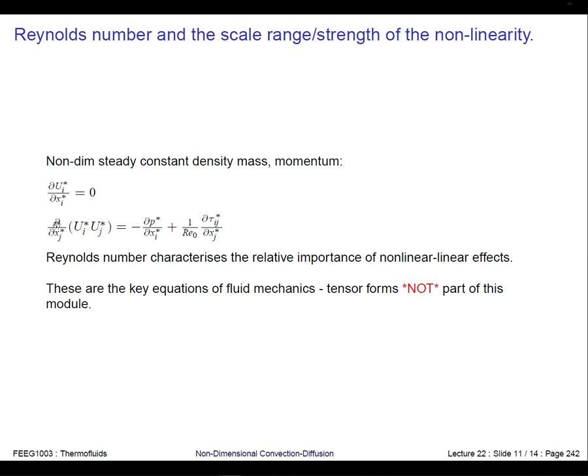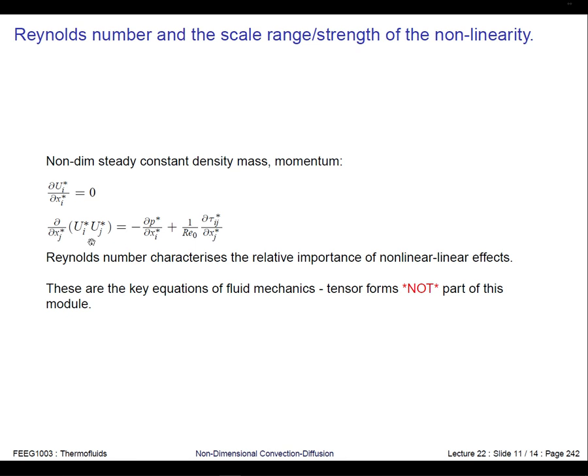So we can take our momentum equation, which is called the Navier-Stokes equation, and we can apply exactly the same non-dimensional procedure that we did for the 1D convection diffusion energy problem, and we end up with an equation that looks a bit like this.